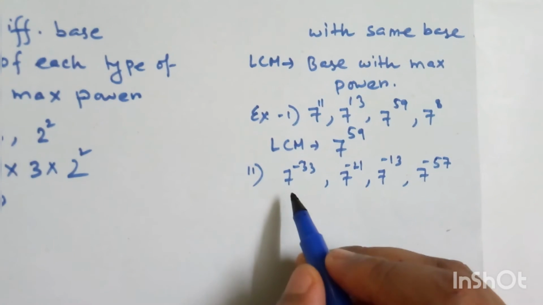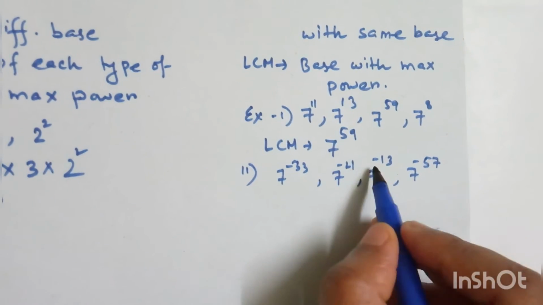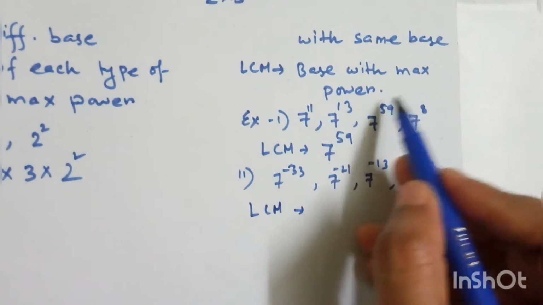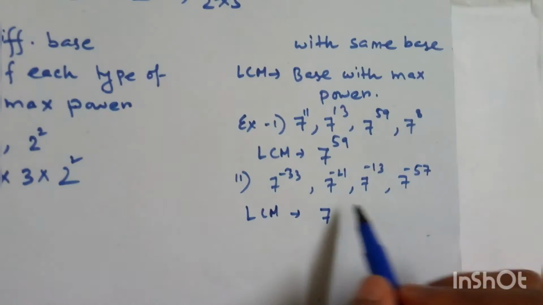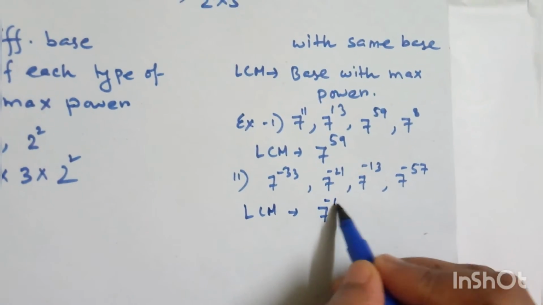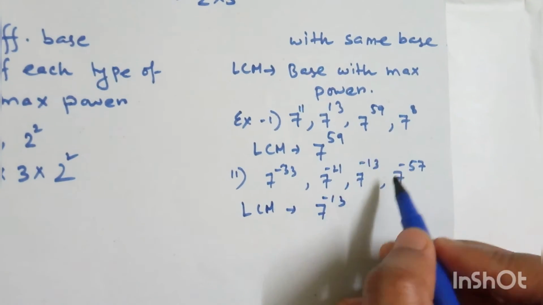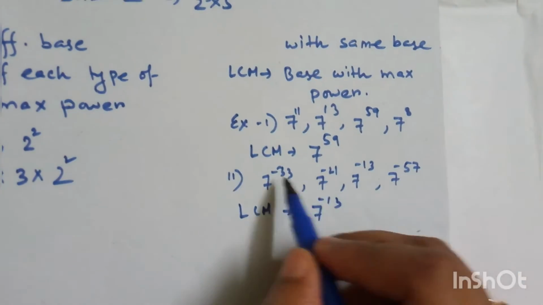See here, the base is same, but the power has a minus sign. So the LCM will be the base with maximum power, base is same, so 7. Maximum power here is 13, because we know minus 13 is bigger than minus 57 or the other number.